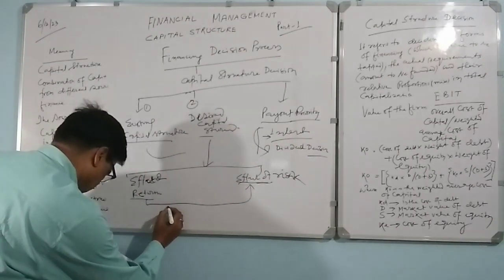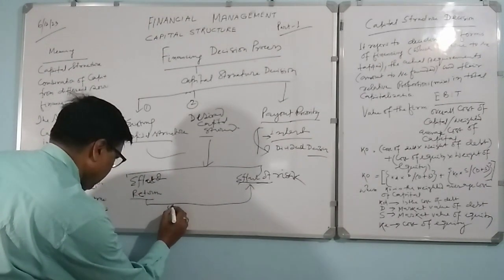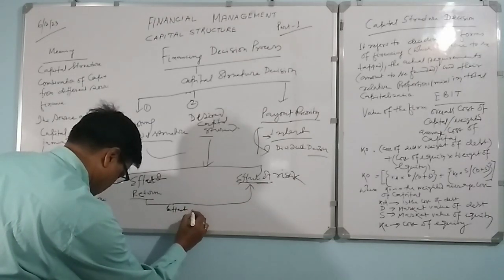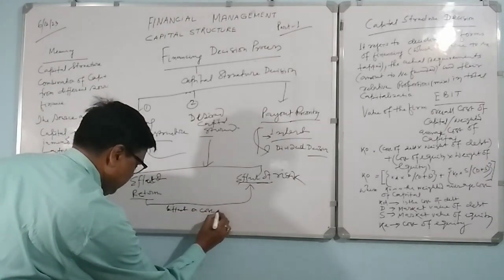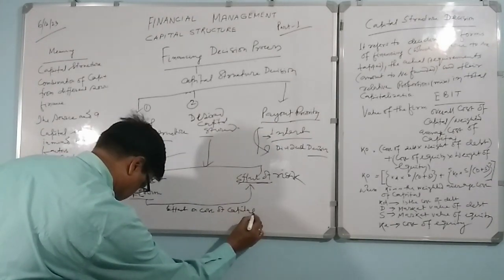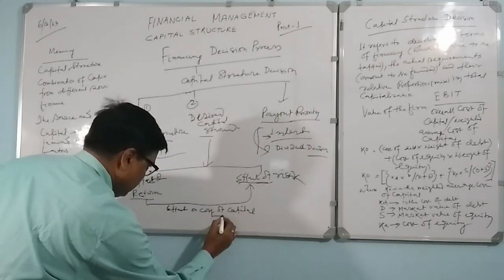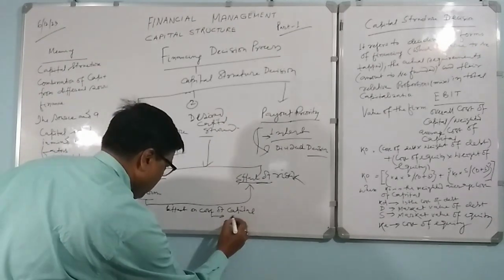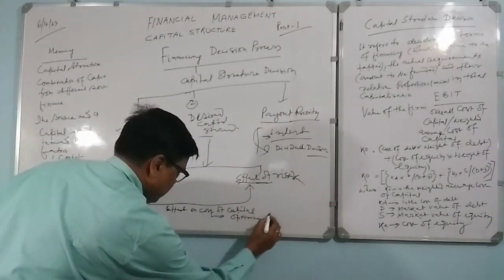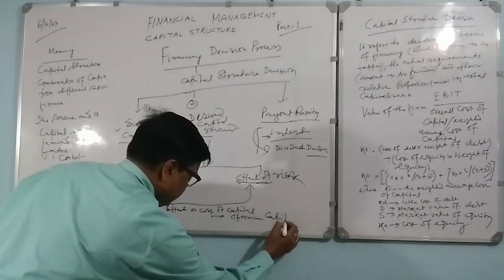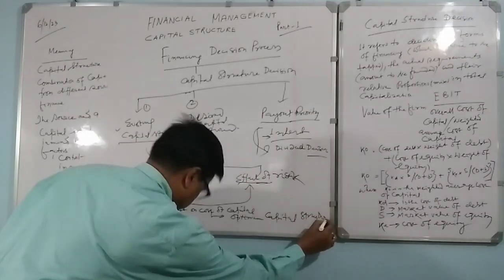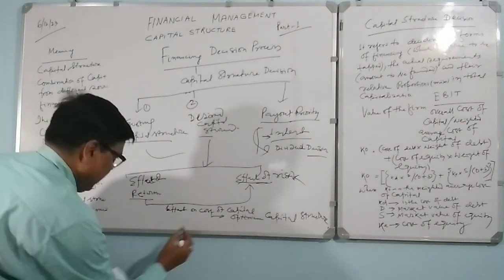So ultimately it will come as your effect on cost of capital, effect on cost of capital, optimum capital structure, and value of the firm.